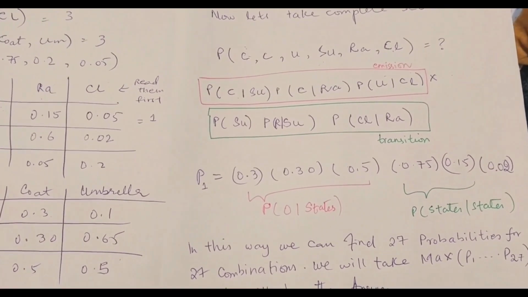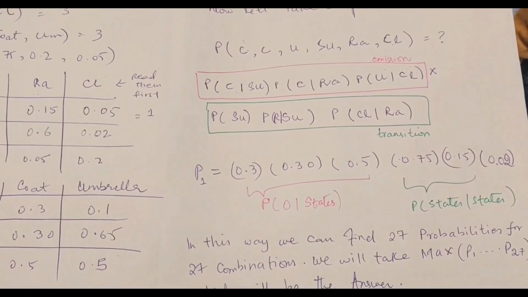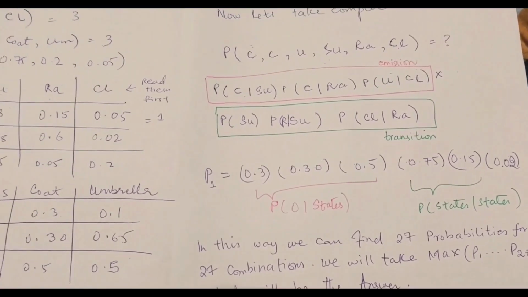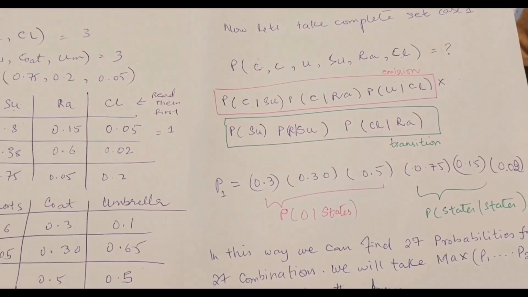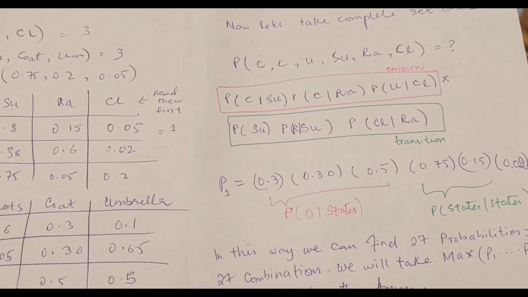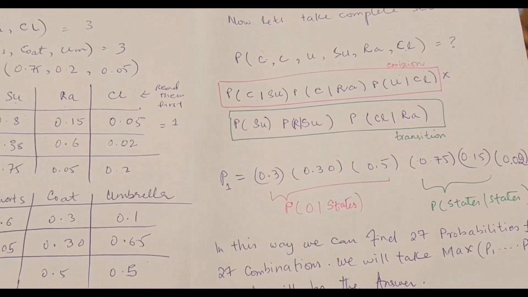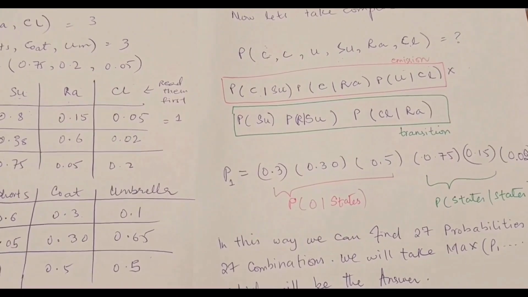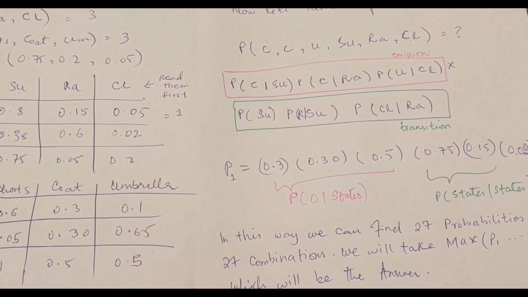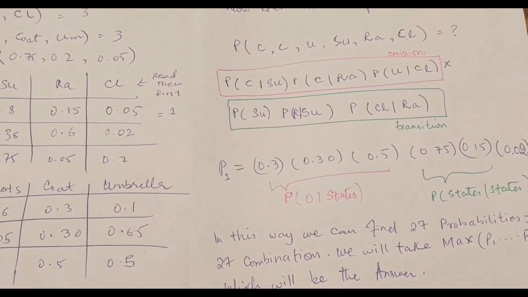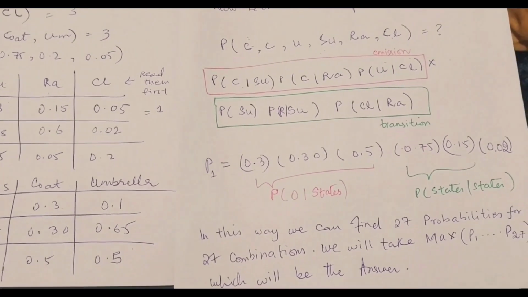Then we will take the max out of all those probabilities, which will be the answer: the highest probability out of all the possible combinations, that the person is carrying or wearing this type of stuff and the weather in his city is this. So that will be the maximum probability.